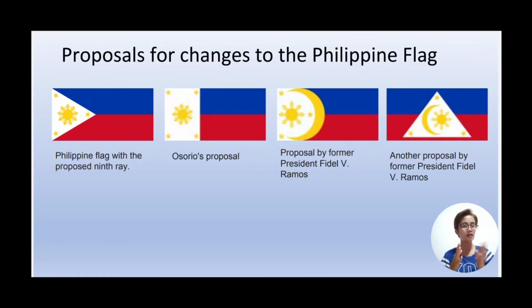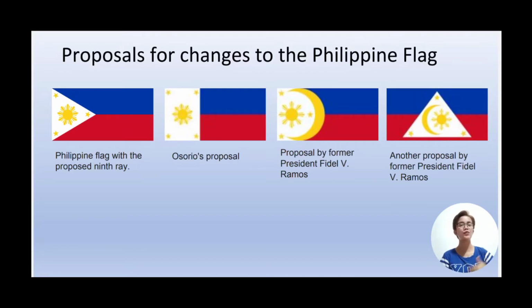But if you take a closer look, ang rays ng sun is instead of having 8 rays, gihimo siyang 9 rays. And the second one is Osorio's proposal nga naging rectangle ang lahat ng mga parts sa atoang flag, and there is an additional star sa each corner sa rectangle.